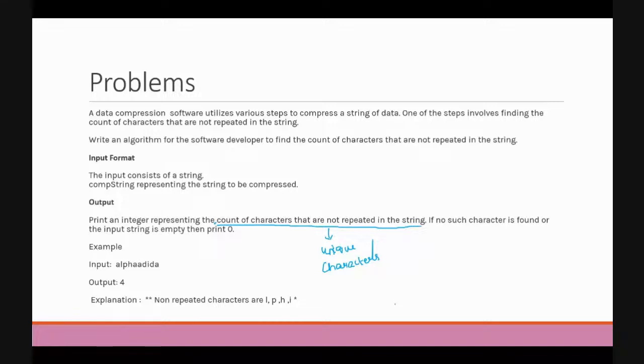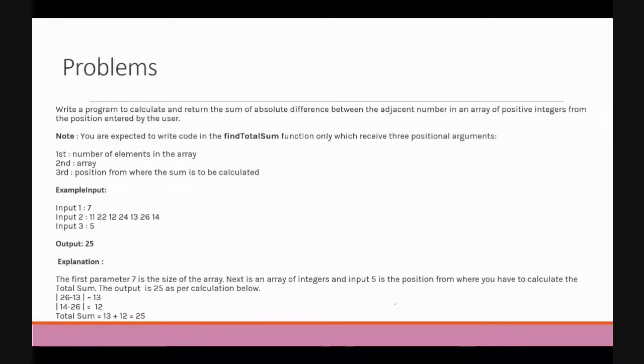So this is the problem that we have solved, and then comes another problem. You have to write a program to calculate and return the sum of the absolute difference between the adjacent numbers in an array of positive integers from the position entered by the user.